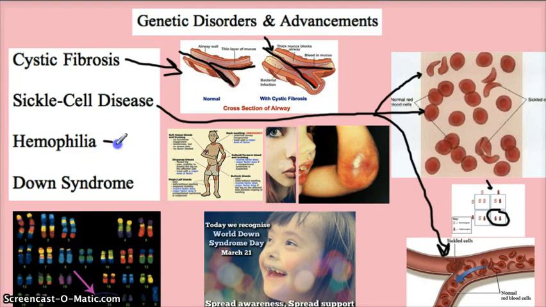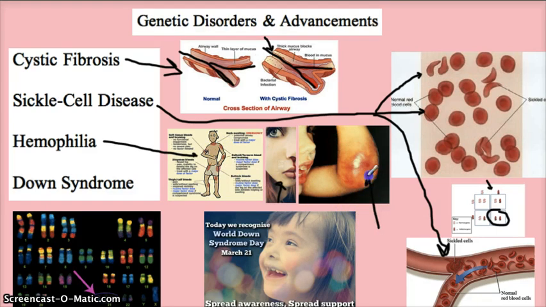Hemophilia is kind of a common genetic disorder. Someone who has hemophilia, well, their blood doesn't clot very easily. So if they get a cut or a scratch, or in this case a nosebleed, it's very hard to get the blood to stop. And anything that's like a bruise is really a bad thing.